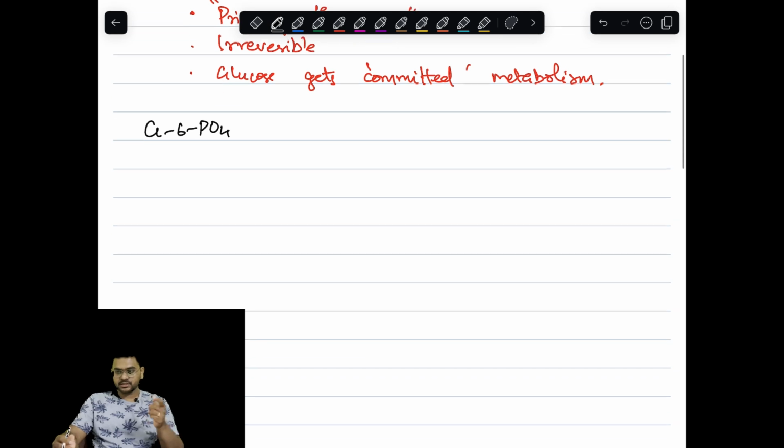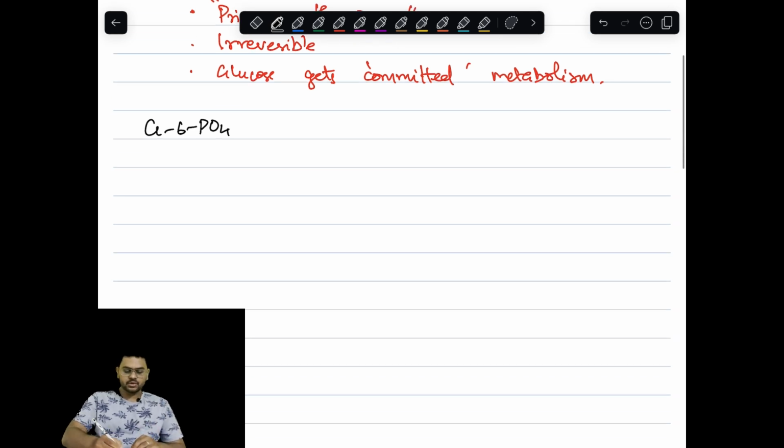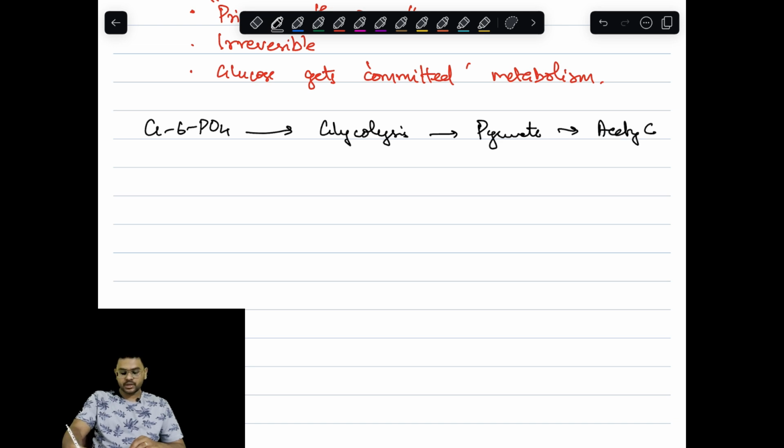So it is trapping the glucose molecules in the form of glucose 6 phosphate permanently inside the cell. That is the first thing. What is the second importance? The second importance is that once it is converted to glucose 6 phosphate, it can go on and complete glycolysis and produce pyruvate, and later pyruvate might be converted to acetyl CoA, and it can enter the TCA cycle.